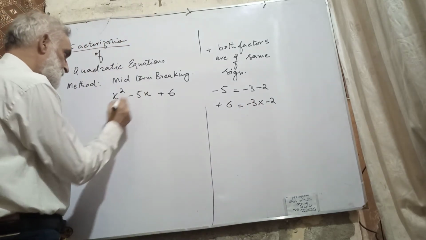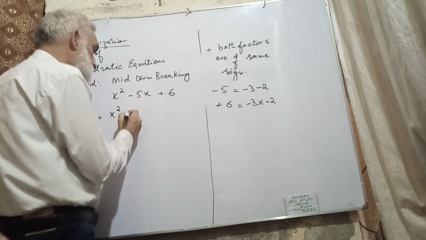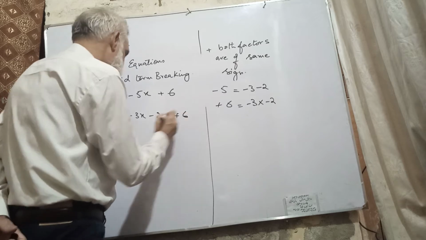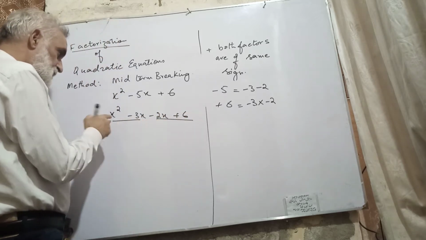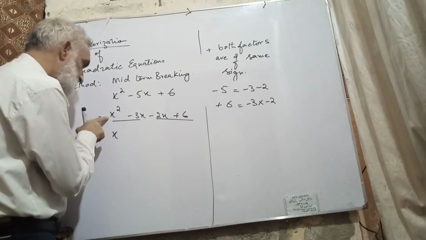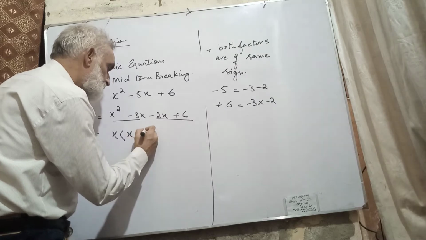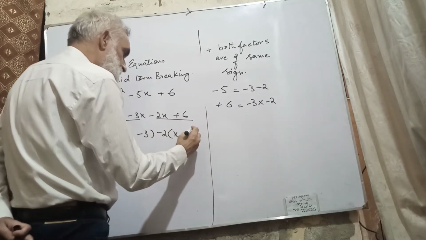Now we split the middle term. Don't forget to write the equals sign here. x squared minus 3x minus 2x plus 6. Right, these are two groups of terms. From the first, we take x as common. We are left with x minus 3. Minus 2 is common in the second, x minus 3.